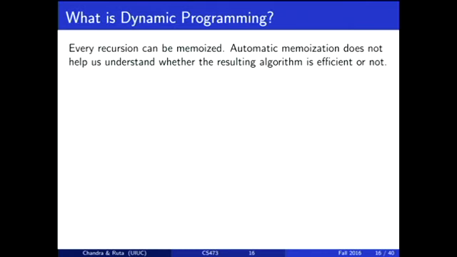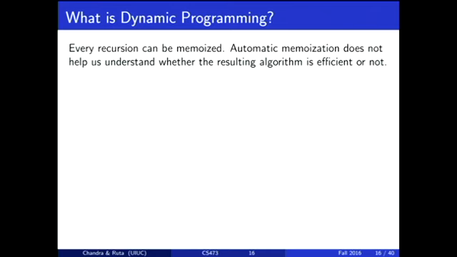But what is dynamic programming? Every recursion, blindly, without thinking, if you have a recursive algorithm, you can memoize it. Now that's not dynamic programming. The point of dynamic programming is that when you see a problem, we have to understand the running time of that algorithm by understanding the structure of the problems that we are generating.